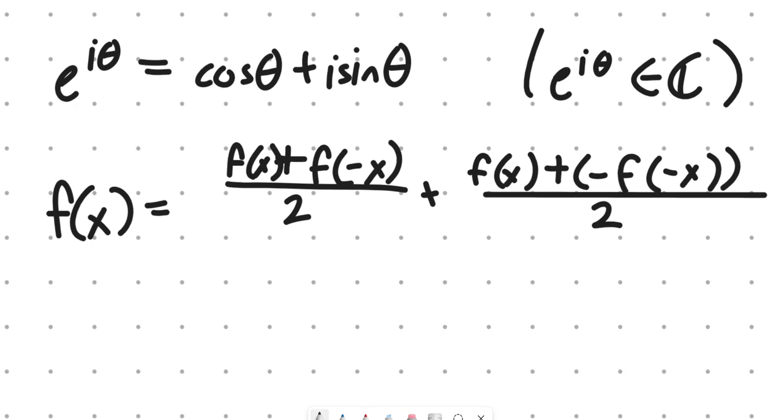So this is equal to f of x. So this is a valid equation. And since this is an even function, this should be the cosine function, and this should be the sine function.